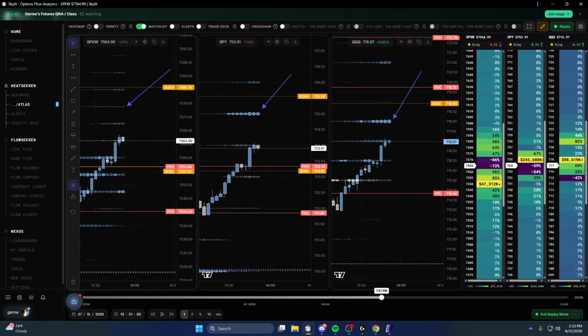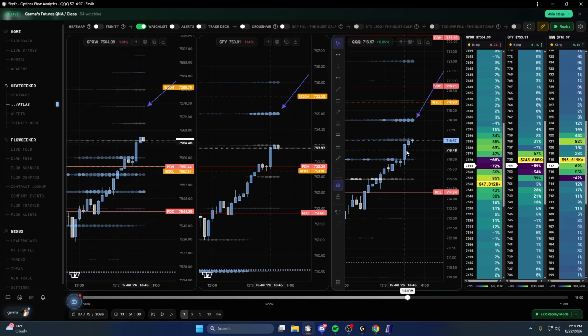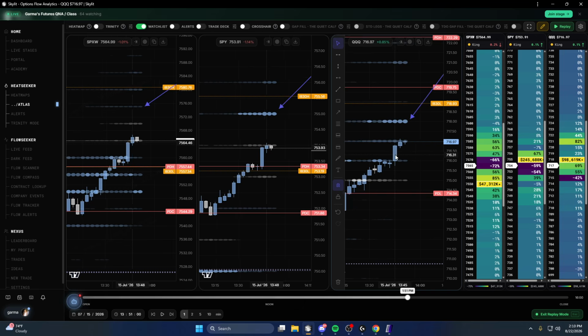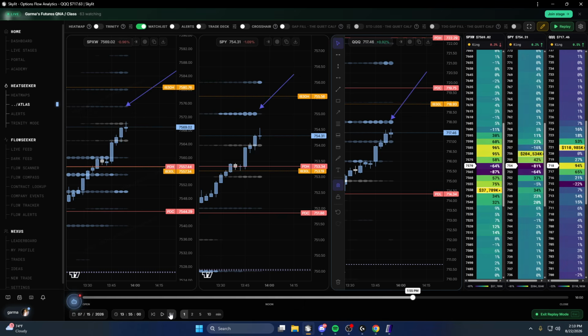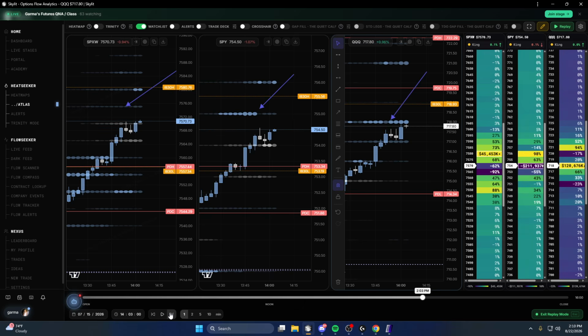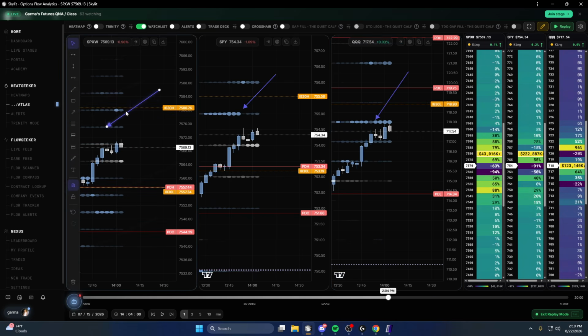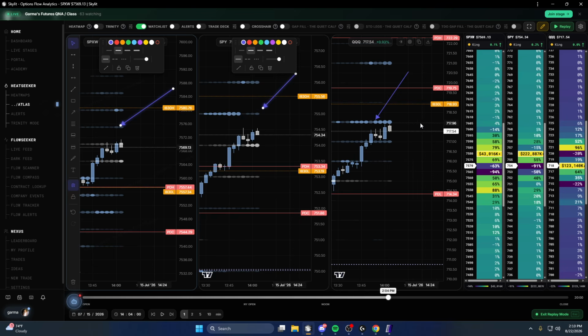This is your setup right here, because this is where upside gets capped. 718 on Qs, 755 on SPY, 7575. This is what I would be looking for, and I'll be playing the deflection, just because this is the best asymmetrical setup I could see.